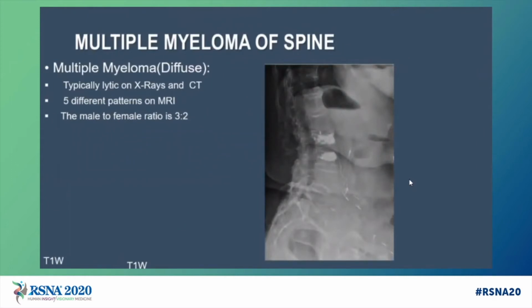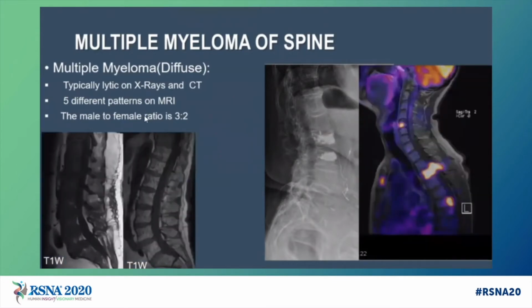When we look at multiple myeloma, often we look at radiographs with diffuse osteoporosis and lytic lesions. And it's not unusual to see evidence of prior kyphoplasties given the presence of multiple compression fractures in these patients. They're more common in males, and there are different patterns described on MRI ranging from normal all the way to diffuse infiltration.